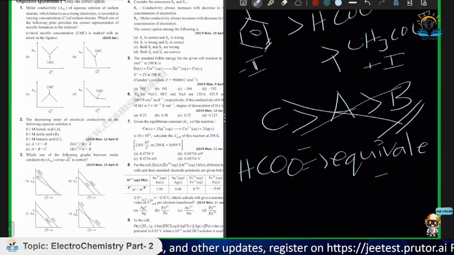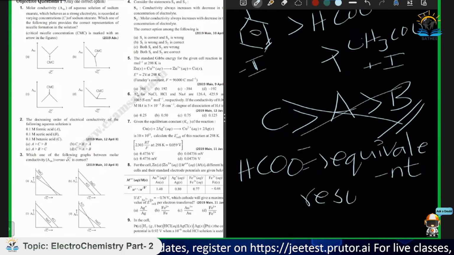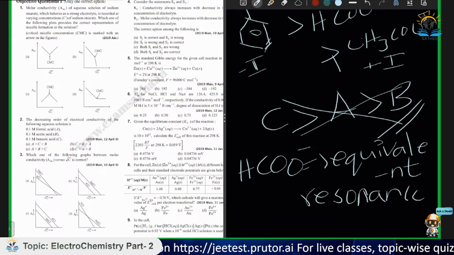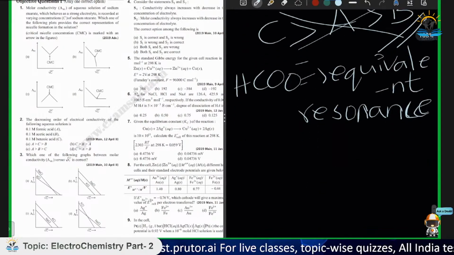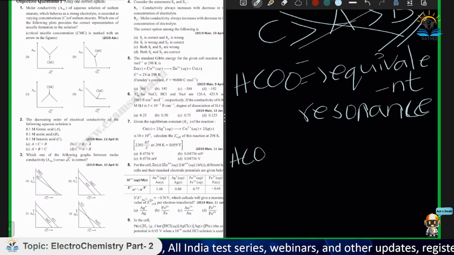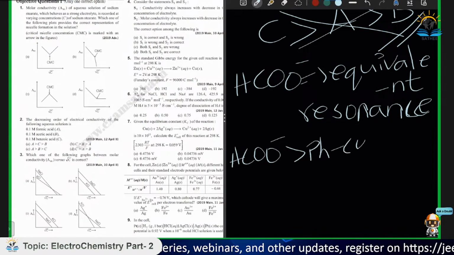Equivalent resonance is when your resonance structures are so equivalent that shifting from one resonance state to another is easy. Speaking in terms of the resonance hybrid, your resonance hybrid is more delocalized in equivalent resonance structures. So unfortunately, HCOO minus is greater than your benzoate.